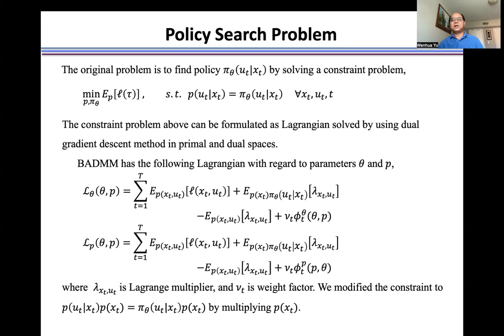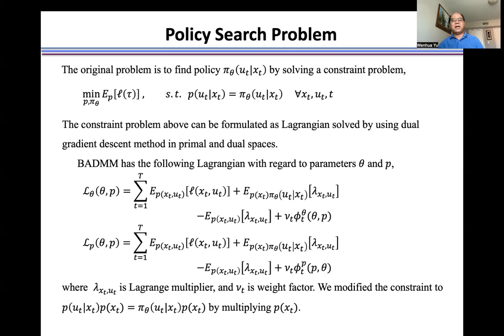It includes two steps: one is trajectory optimization, and the other is policy optimization. So we need to combine these two steps in one procedure. That's the Bregman alternating direction method of multipliers.